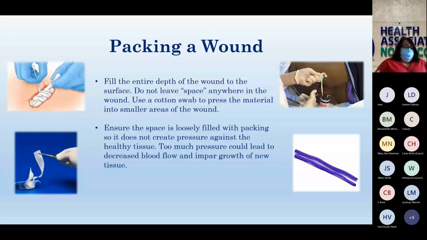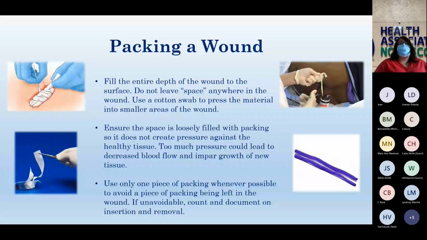Take the packing apart, fluff it, don't stuff it. And use only one piece of packing wherever possible to avoid a piece of packing being left in the wound. If it is unavoidable, make sure you count and document upon insertion and removal. You could also leave a little pigtail in it that you can see and easily retrieve.